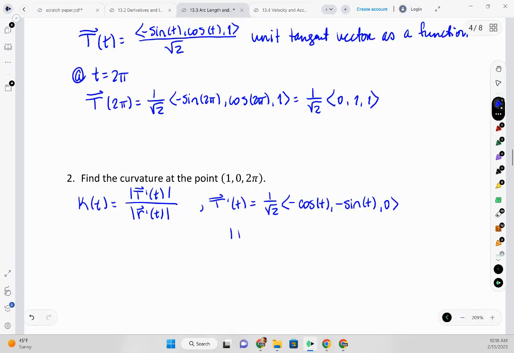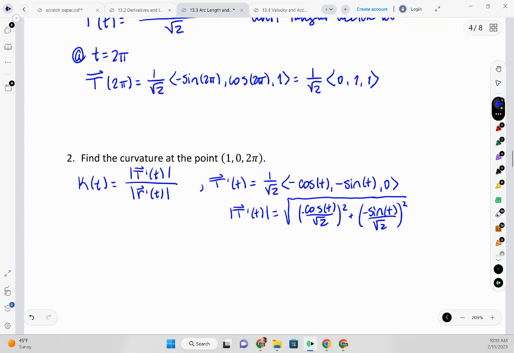And then I need the magnitude of T prime. And so that's going to be the square root of negative cosine of t over square root 2 squared, plus the negative sine of t over the square root of 2 all squared.